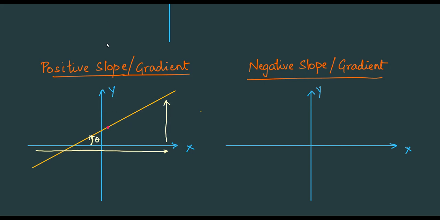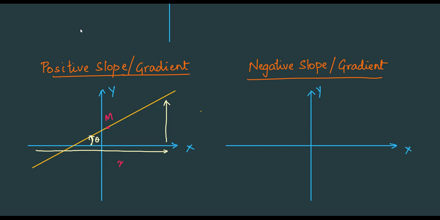Look at this variable point M and just imagine that you are sitting on this point M and moving along the line. When you are moving from left to right, you are also going upward. This is called the upward gradient or the positive gradient. So when x values are increasing, the y values are also increasing.